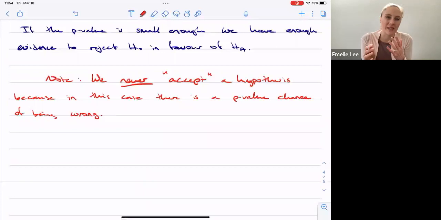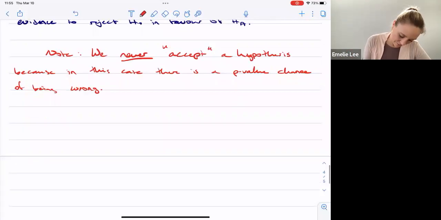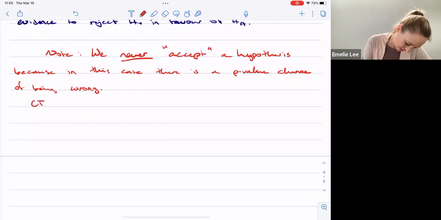Right? Depending on the conclusion, but in general, right, there's always some chance of being wrong. In the confidence interval case, if we built a 95% confidence interval, there's a 5% chance that I'm wrong, right? So in a 95% confidence interval, there is a 5% chance we are wrong.